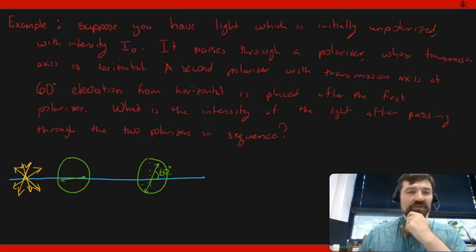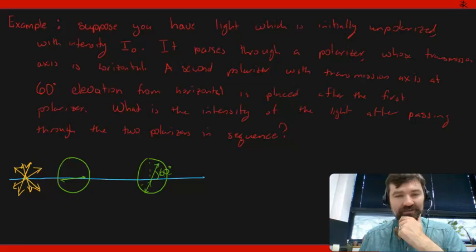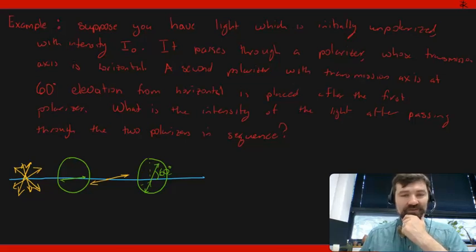All right, so if I continue drawing my light throughput, this one right here is polarized like this, and this right here is polarized along this axis, 60 degrees. And so my throughput light should have a polarization in this direction, parallel to the transmission axis.